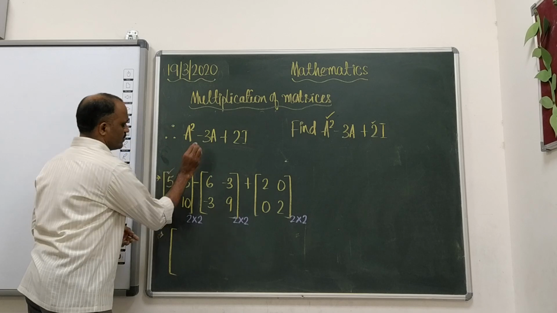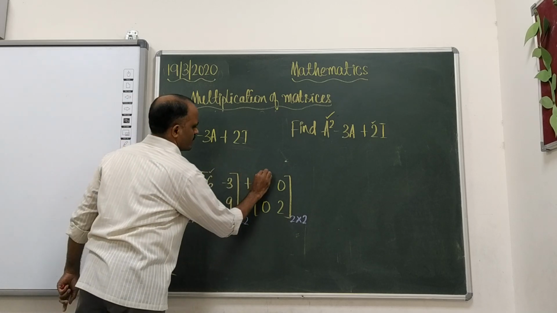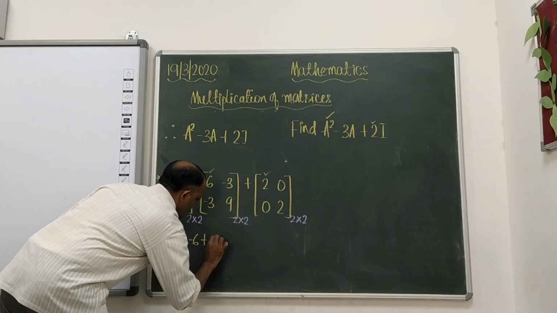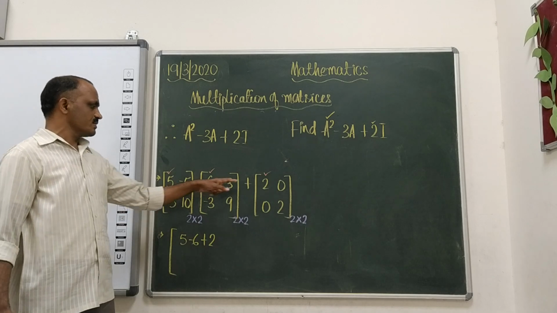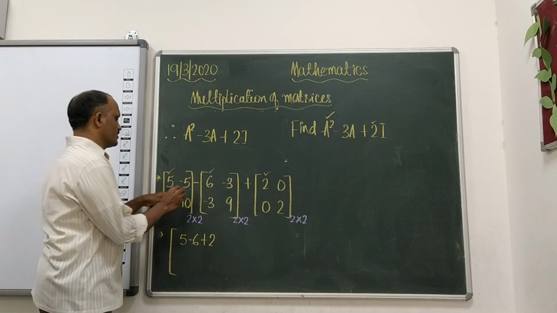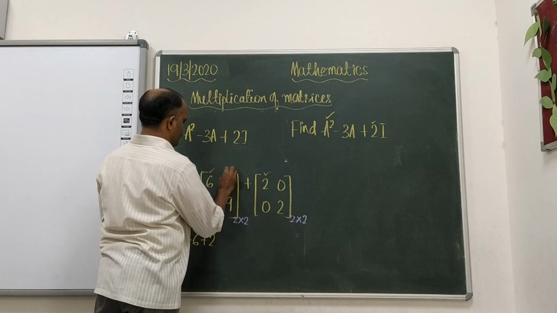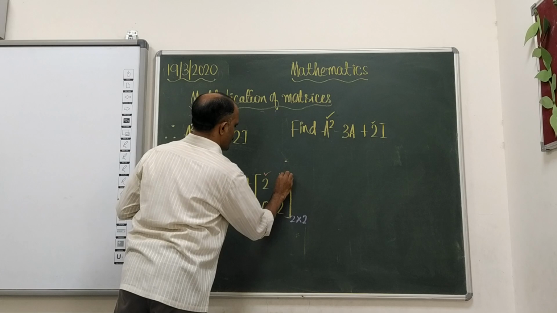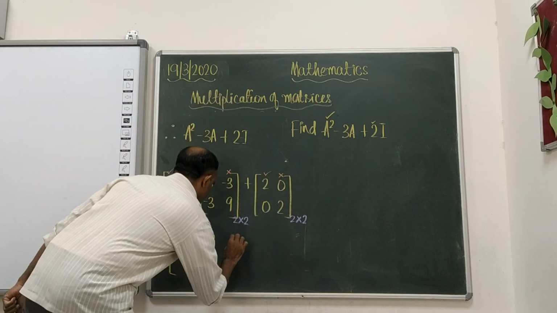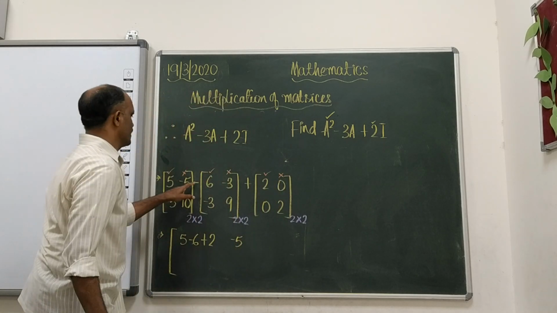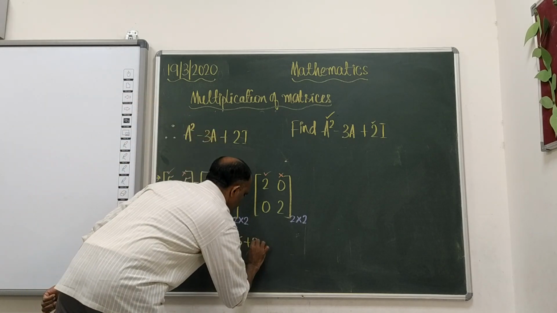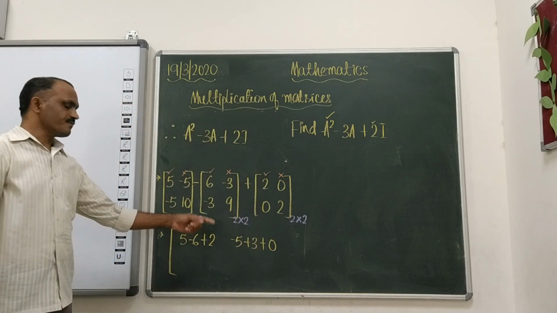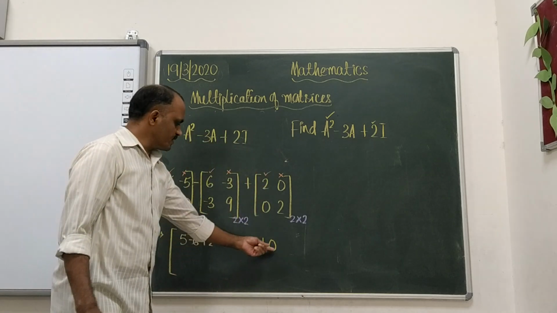So the first element of the first row in all is 5 minus 6 plus 2. 5 minus 6 plus 2 will become the first element of the resultant matrix. Then the second one is minus 5, then minus into minus plus 3, then plus 0. This is the second element of the first row.